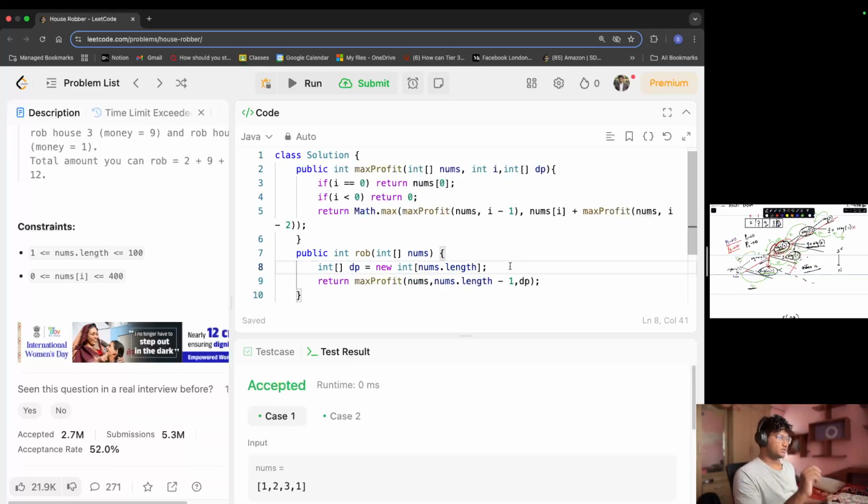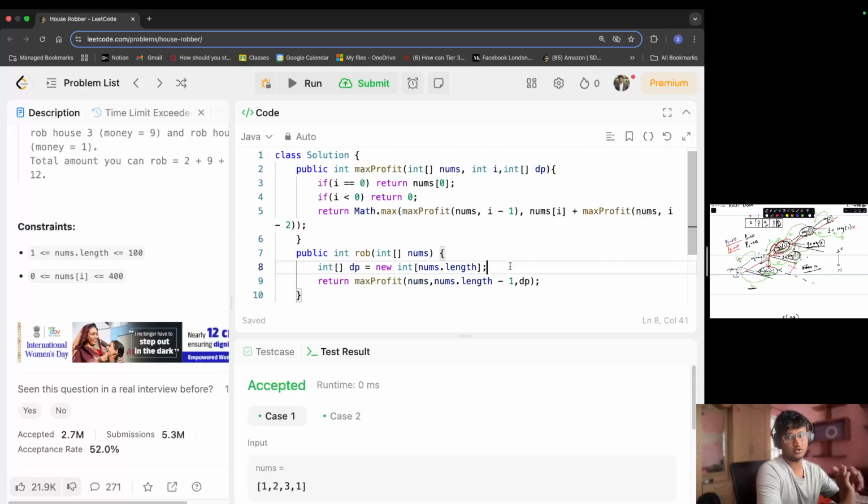Now, can my answer be 0? Can the maximum profit I made until certain houses be 0? Yes, it can be 0. So if my answer is 0 and the default value of the DP is also 0, will that create a confusion?